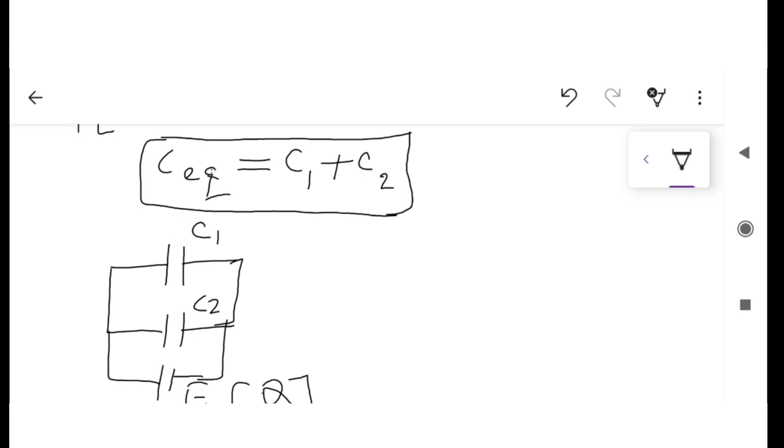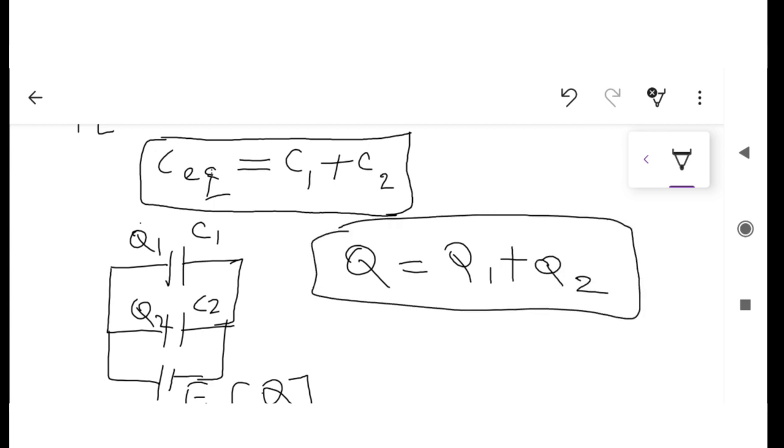In parallel condition the charge is divided. This capacitor C1 has a Q1 amount of charge, and this C2 capacitor has a Q2 amount of charge. Then we can write Q equals Q1 plus Q2.